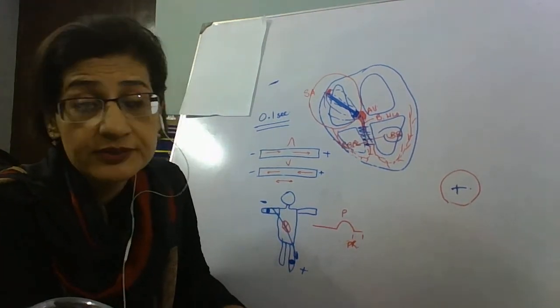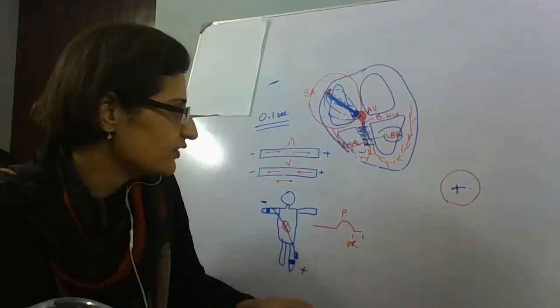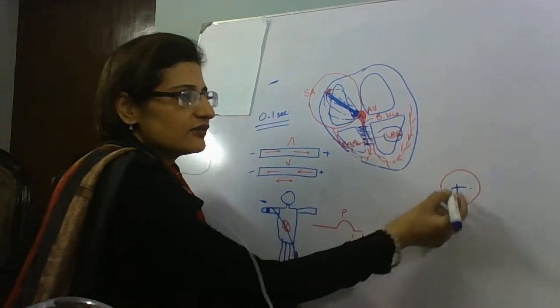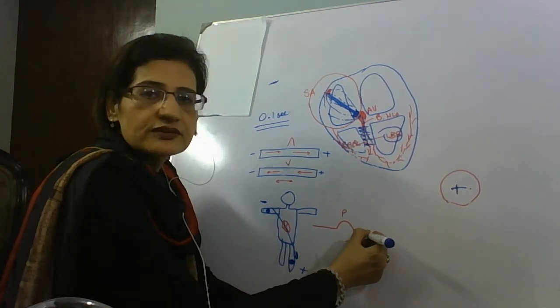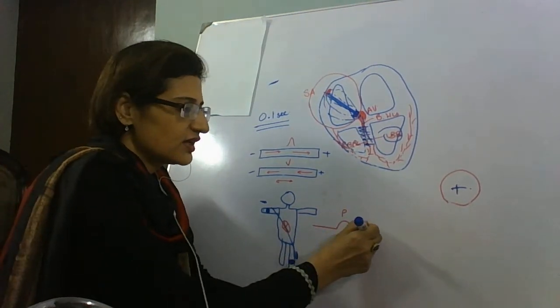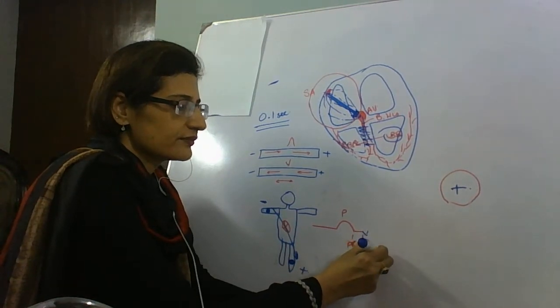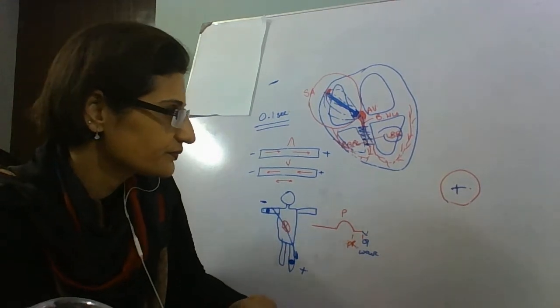Would it be a positive deflection or would it be a negative deflection? It would obviously, since it is away from the positive, be a negative deflection. So this is what we call a Q wave, right?